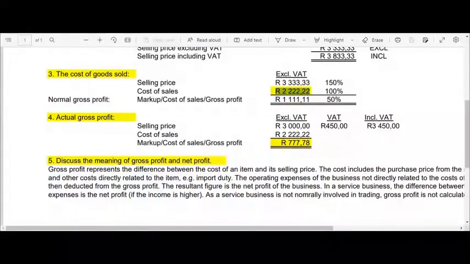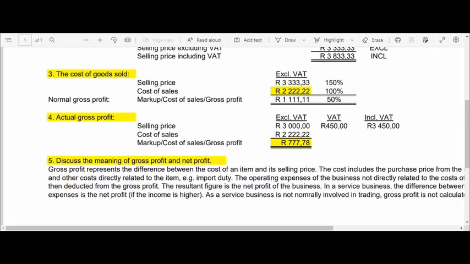But now the actual transaction took place at a discount of 10%. So therefore, we did not sell it at 3,333.33, but we sold it at 3,000 rands, right? So to calculate the gross profit, we take the actual selling price of 3,000 rands less the amount that we've already calculated as cost of sales.